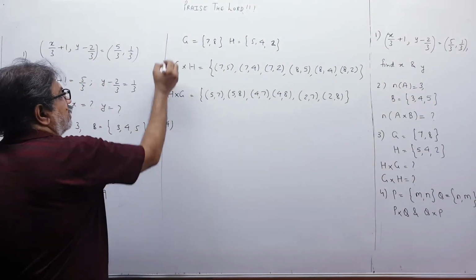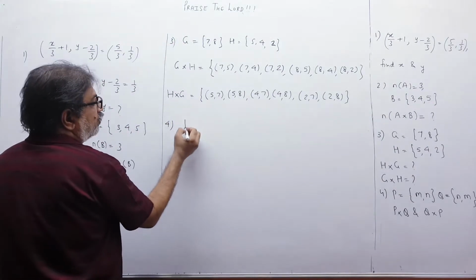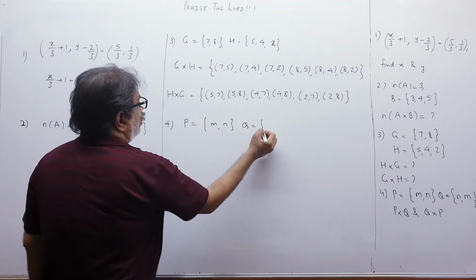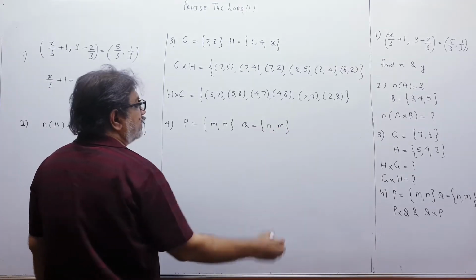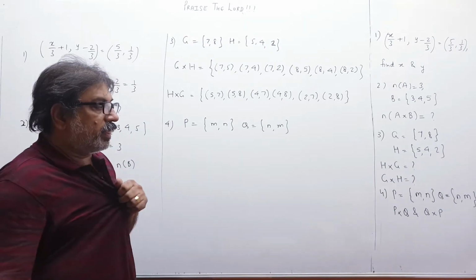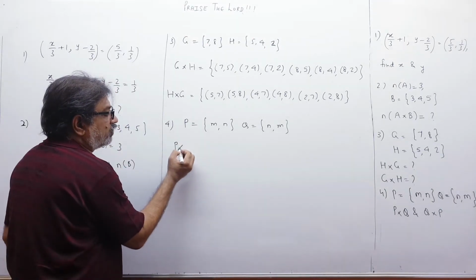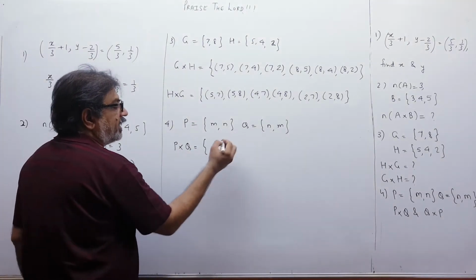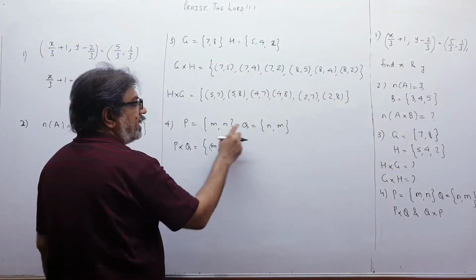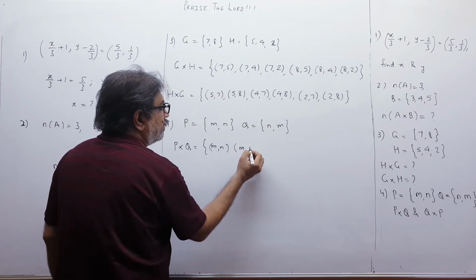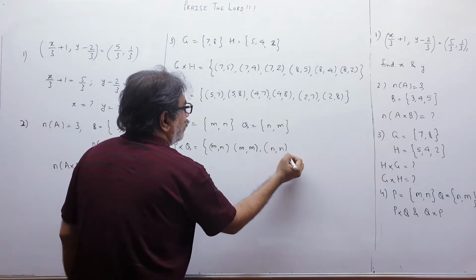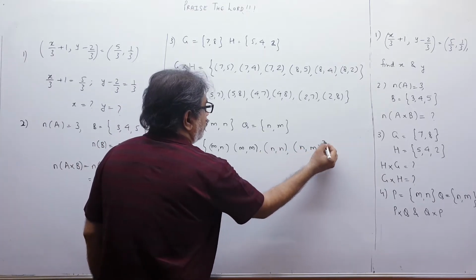The fourth question is there, children. This was the third one. It is given to me that P is {M, N} and Q is {N, M}. Children, we can make out that both the sets are the same because the order of elements is not important in sets. They are asking us what is P cross Q. So we can write (M, N), first element from P, then second from Q. So (M, N), (M, M), then (N, N) and (N, M).